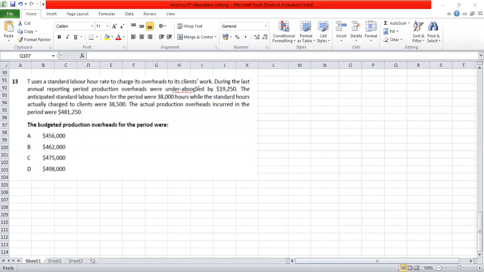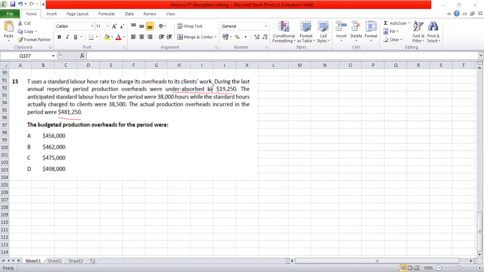During the last annual reporting period, production overheads were under absorbed by 19,250. The actual overheads incurred, the amount spent, was 481,250.